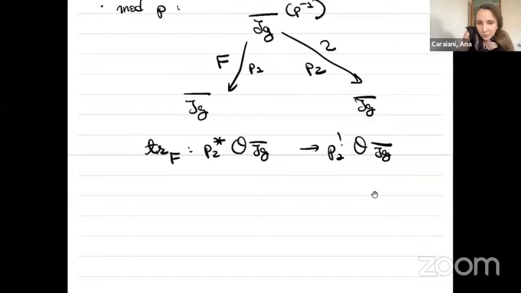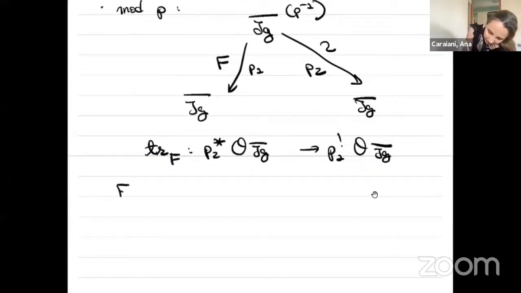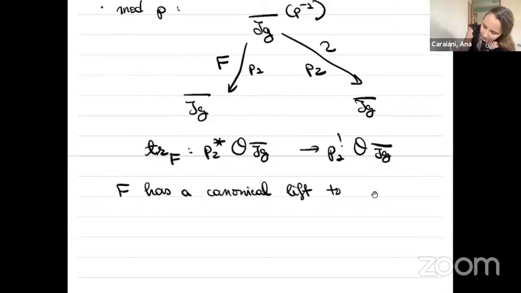So a cohomological correspondence over the Igusa tower, which, because this P2 is just an isomorphism, can be identified with the trace of Frobenius. And something nice that happens is that F has a canonical lift to characteristic 0, which is given by the theory of the canonical subgroup.